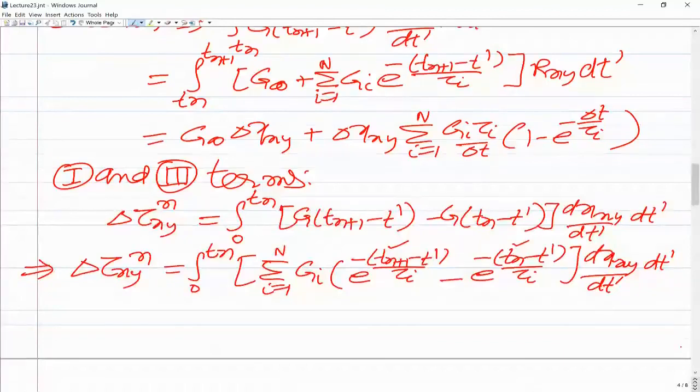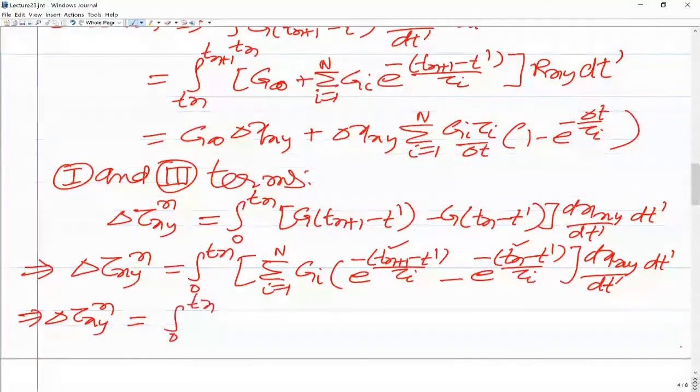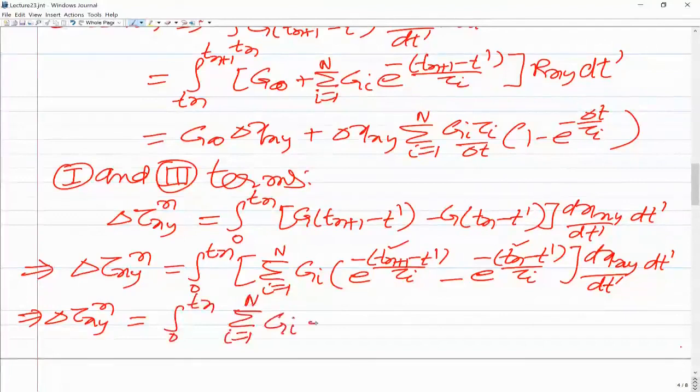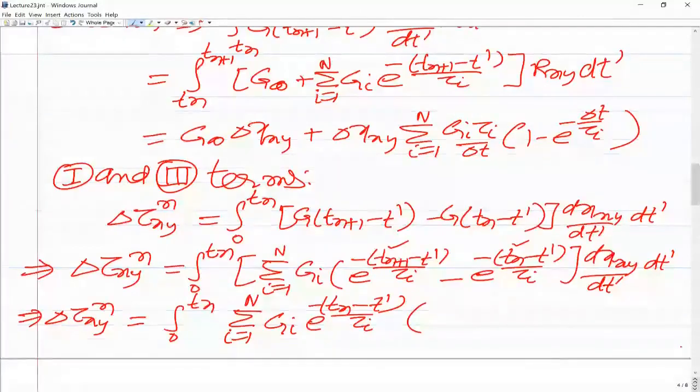Making use of that relationship, we can write delta tau xy n as integration 0 to tn, summation i going from 1 to n, gi e to the power minus tn minus t dash upon tau i, and we take e to the power minus tn minus t dash upon tau i as common.